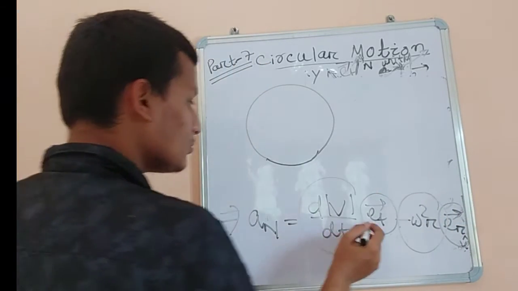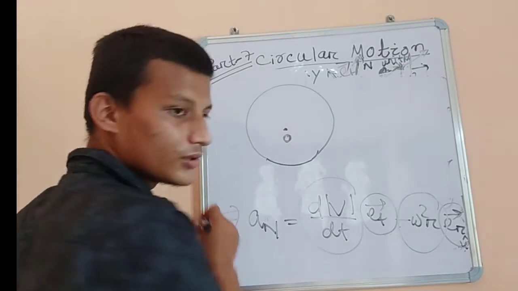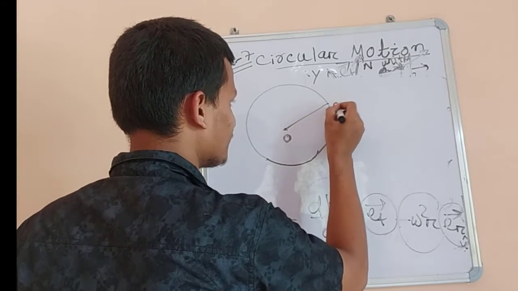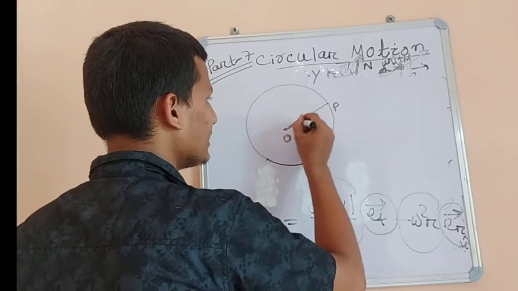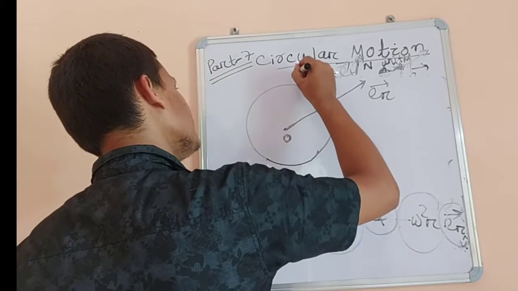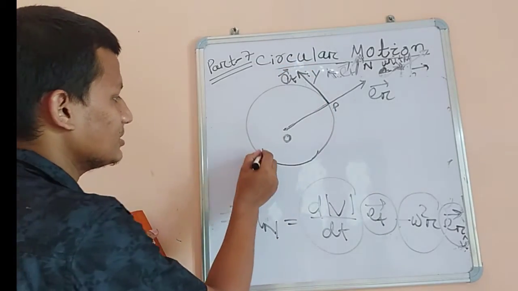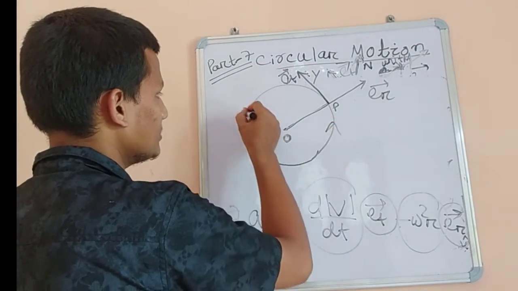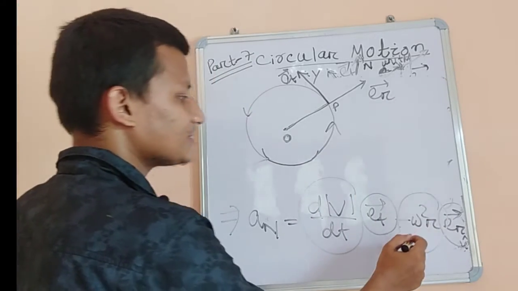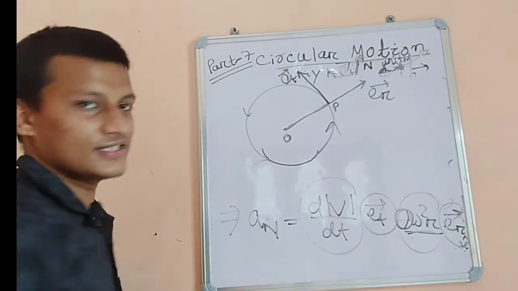Suppose this is our center O, and let's say our point is here, P. So taking along the radial direction, this is our ER vector and this is our et vector. Suppose a particle is moving in the anti-clockwise direction, like this.